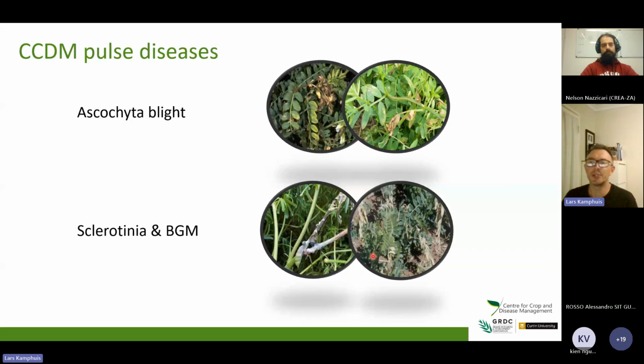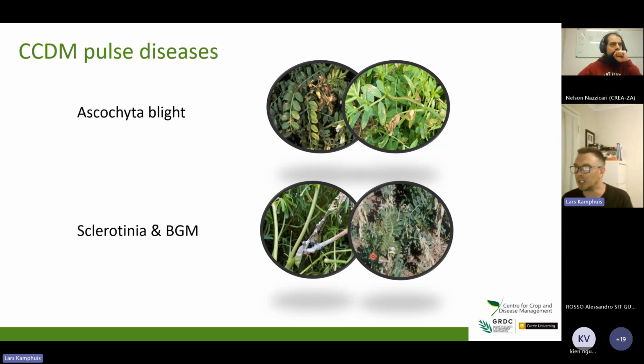So in terms of pulse diseases, our main disease that we focus on in the center is Ascochyta blight, and we do research on Ascochyta blight in both chickpeas and lentils. We're also doing some work on Sclerotinia stem rot, predominantly in canola, but more recently also in narrowleaf lupin, which is one of the key grain legumes in rotation in Western Australia with wheat.